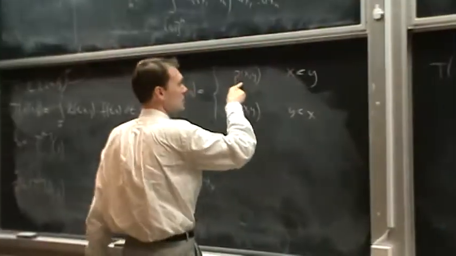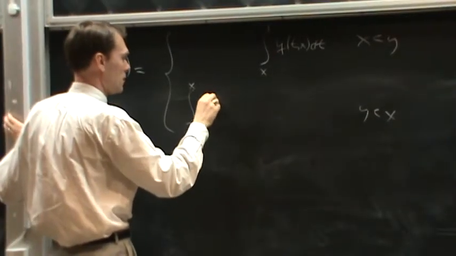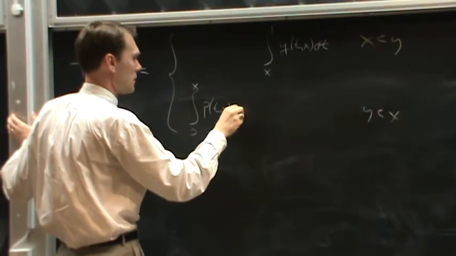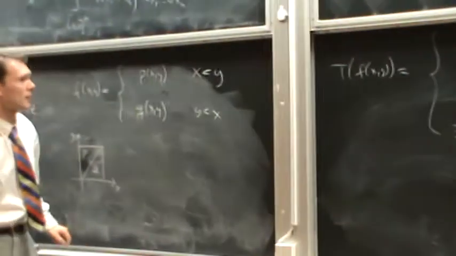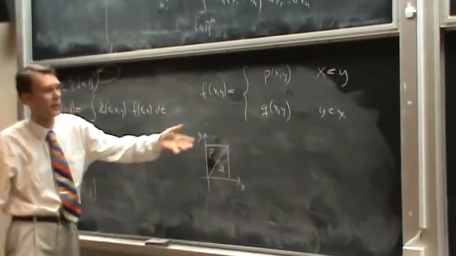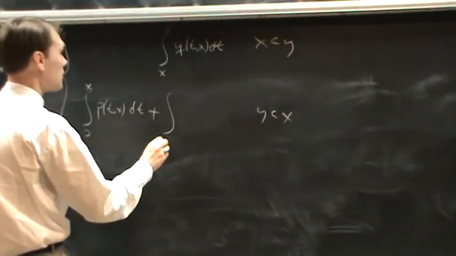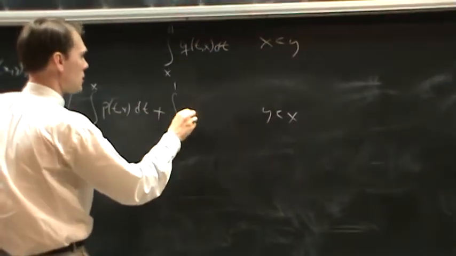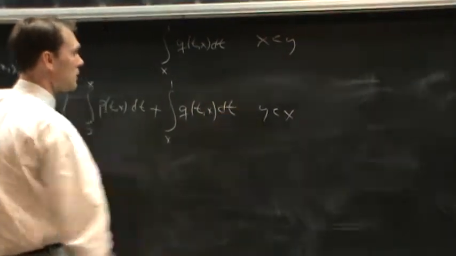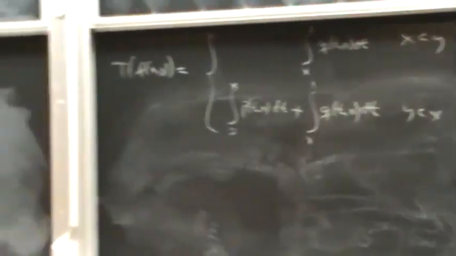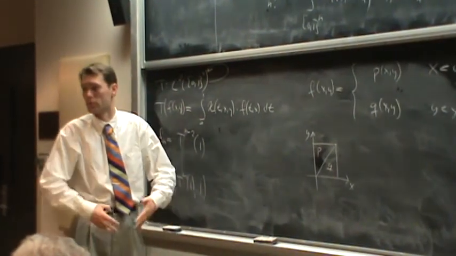T is less than x, this is p. So the p of t, x dt. And then I have the other case, t greater than x, and that's going to be like the previous case. So I get from x to 1 q of t, x dt. So there's the operator explicitly written.